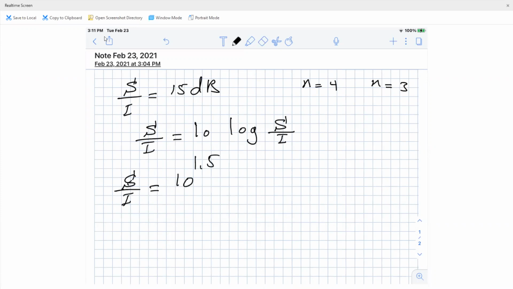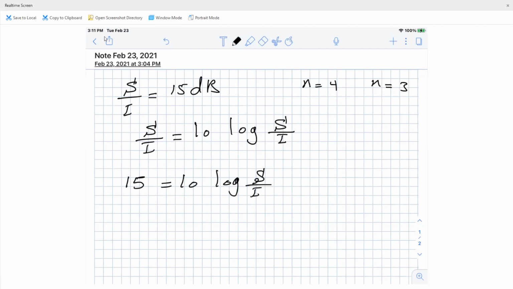Or if you need more explanation, we can substitute now 15 here. 15 dB equals 10 log S over I.